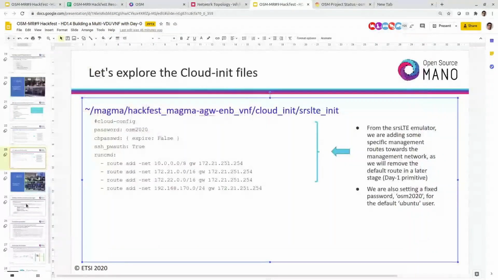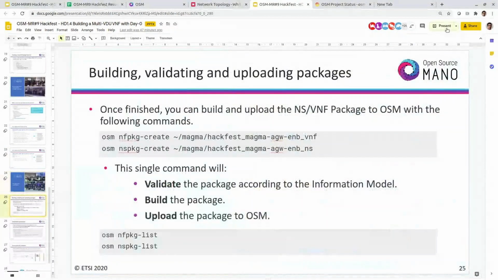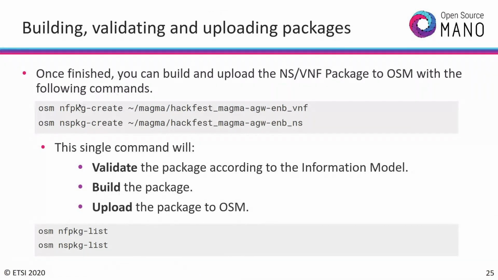Okay, so we have our Cloud-init files in place, and now we will package and instantiate. We have a relatively new command called nf package create, and another one called ns package create, which will do three things.